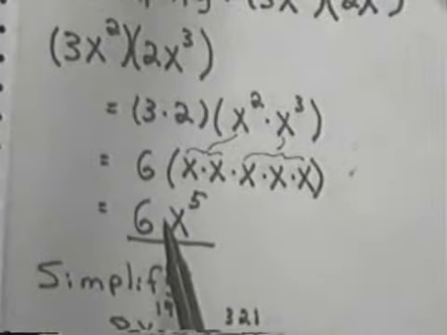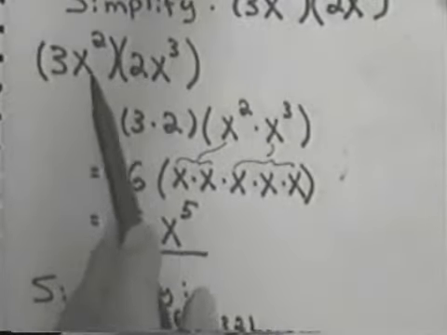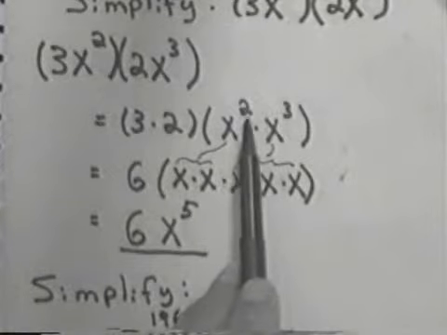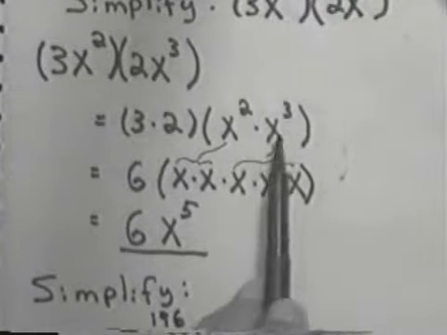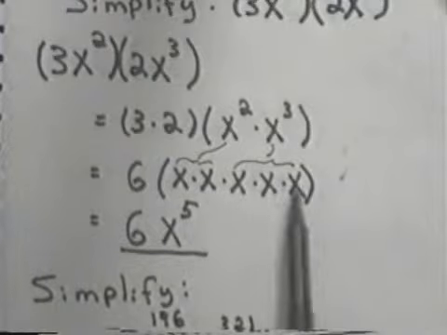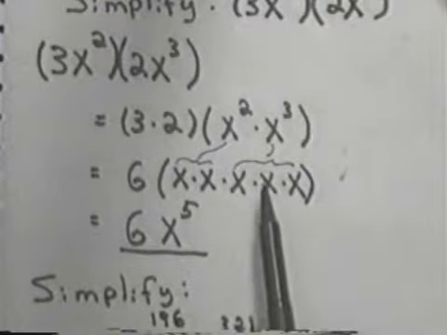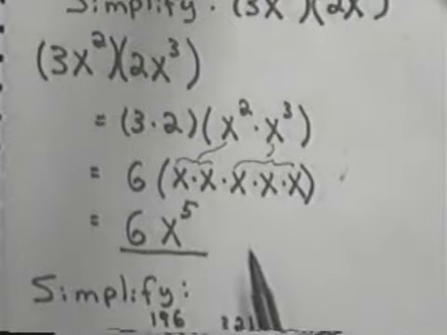Now before I give you the rule, let's try to see what it's going to be and how it works. Now notice here, this tells me to use x as a factor 2 times. This tells me to use x as a factor 3 times. Well, if I use x as a factor 2 times, and then I use x as a factor 3 more times, I've used x as a factor 2 plus 3 or 5 times.